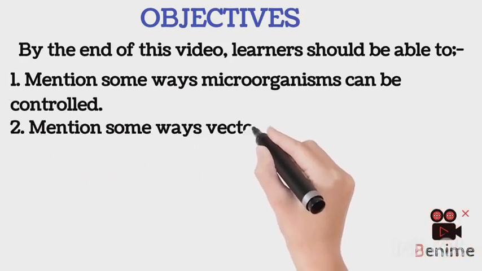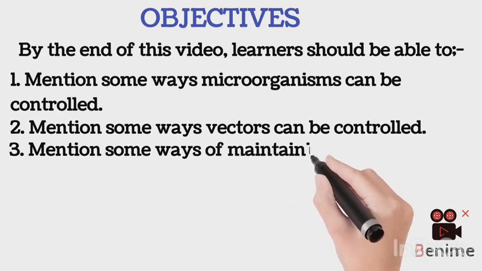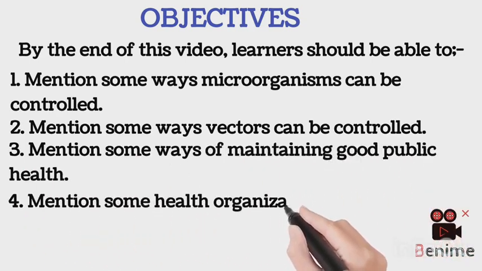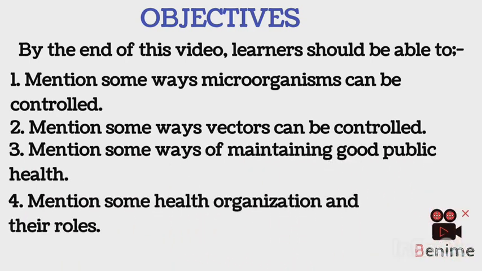An objective for this class is that by the end of this video, learners should be able to: number 1, mention some ways microorganisms can be controlled; number 2, mention some ways vectors can be controlled; number 3, mention some ways of maintaining good public health; number 4, mention some health organizations and their roles.